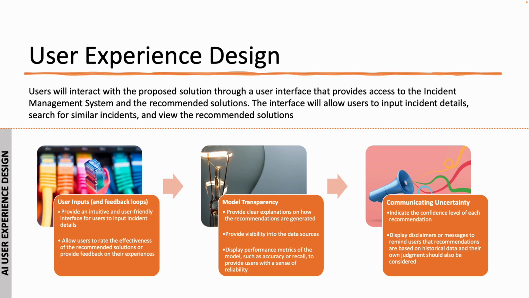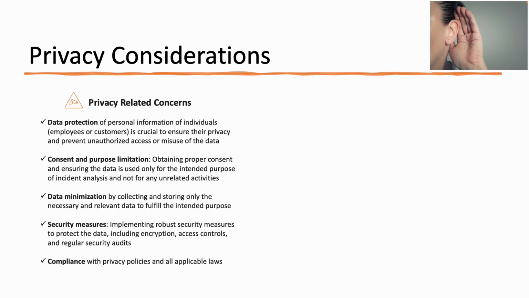So when we provide a recommendation to the user, along with the recommendation, we'll provide the confidence level. High confidence level means we are almost near to the accuracy. We also want to display the disclaimer or messages to remind users that the recommendations are based on historical data and their own judgment should always be considered along with the model. So this is like an augmentation to the user experience and decision making.